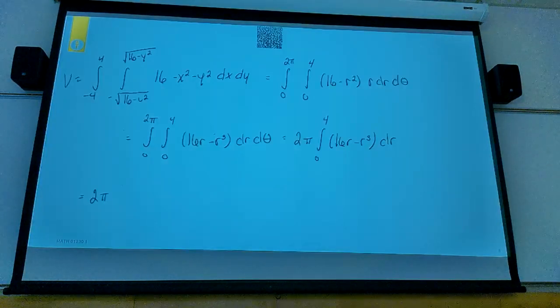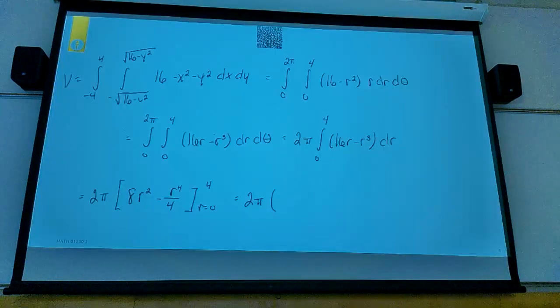What is our antiderivative? That goes from 0 to 4. 2 pi. Alright, so 4 squared. Let's do it this way. 4 squared, that's going to be 2 to the 4th times 2 cubed is 2 to the 7th.